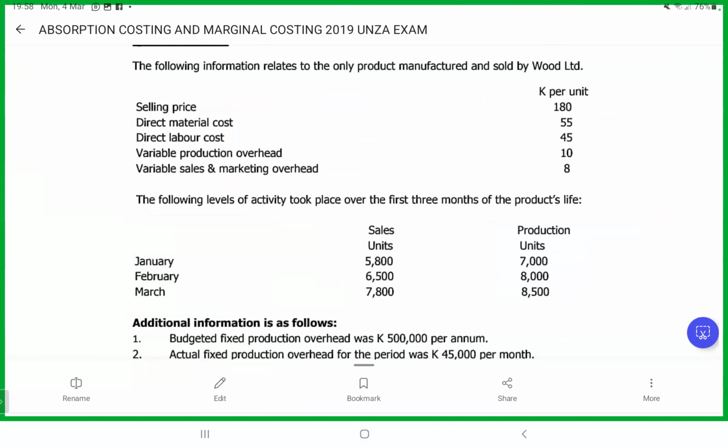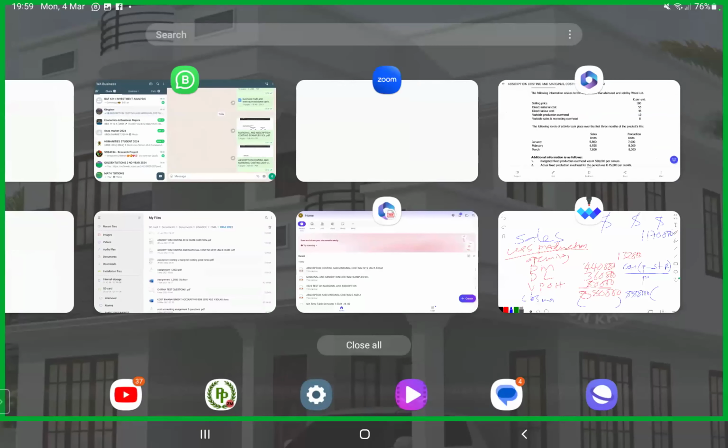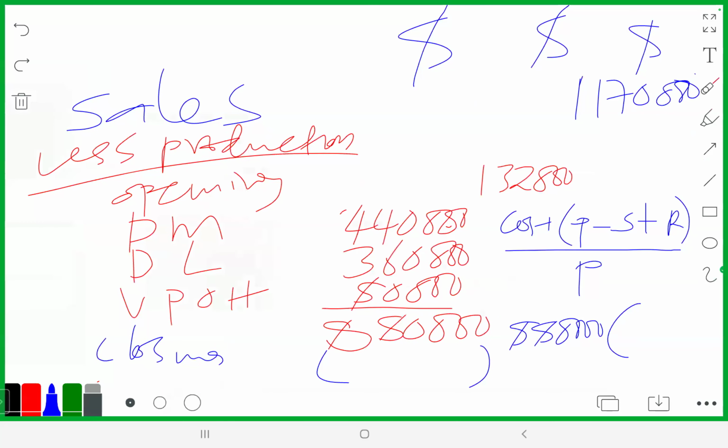It was 7,000 minus 5,800, which was 1,200, right? So it is 1,500 plus 1,200 that were not sold, in the bracket, divided by 8,000, the units that were produced. That's 2,700.